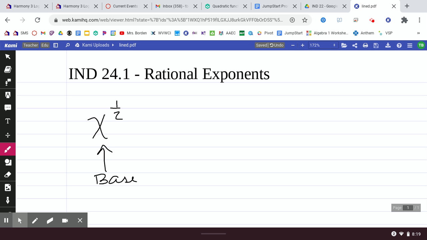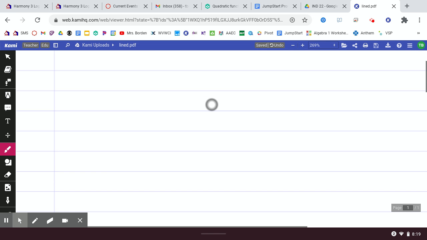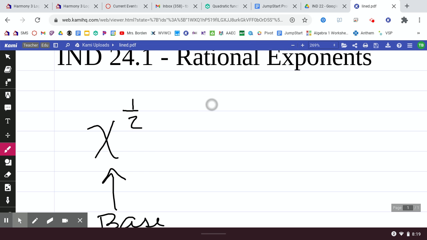Now, in an exponent, we're going to get a little bit more detailed in what the top and the bottom number is. This will come into play in a minute when we start talking about radicals and roots. The top number is what we call the actual exponent. And the bottom number is what we call the root.